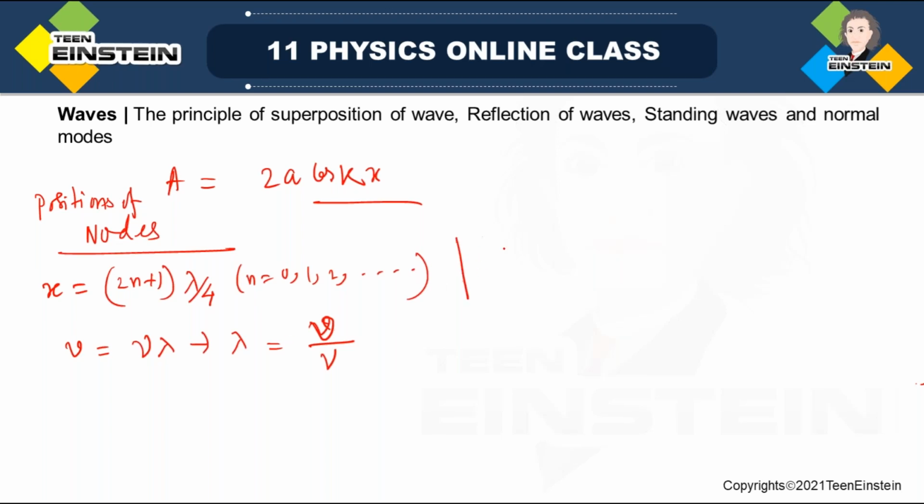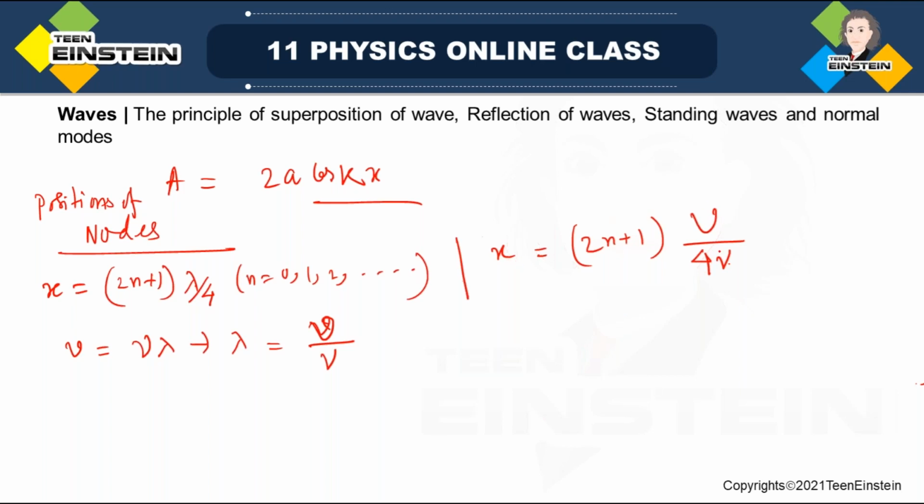If we replace here, look what we get. So x will be 2n plus 1, this factor will be as it is, and in place of lambda we write v divided by 4 nu. This is how we can find a relationship between the frequency at each point.